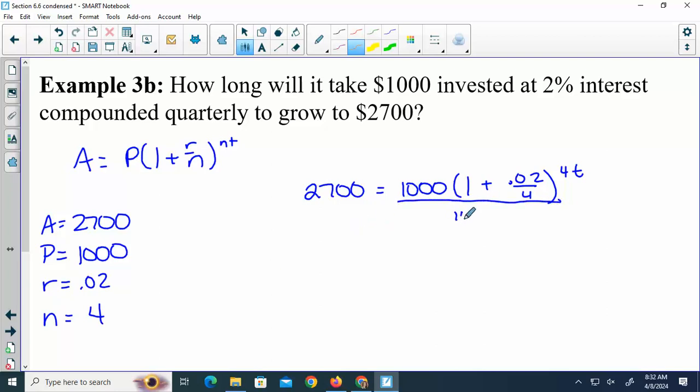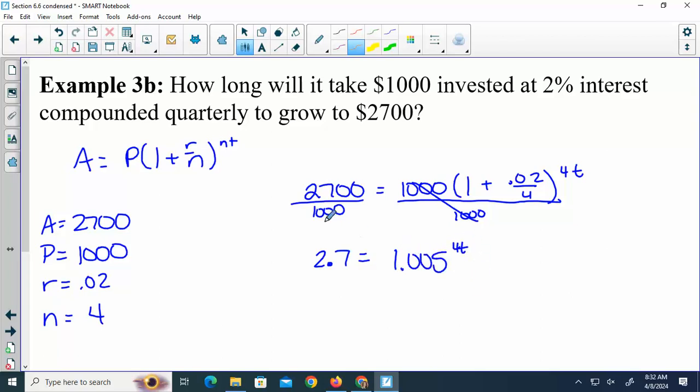If we divide by the 1,000, we get... we could clean up in our parentheses a little bit. We have 1 plus 0.02 divided by 4. So that's 1.005 to the 4T power.